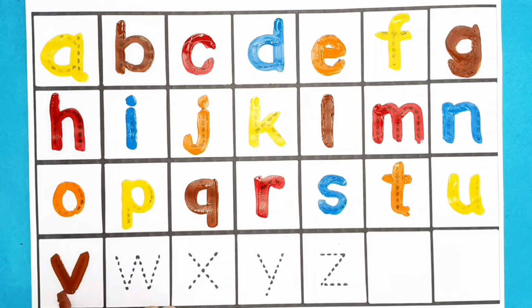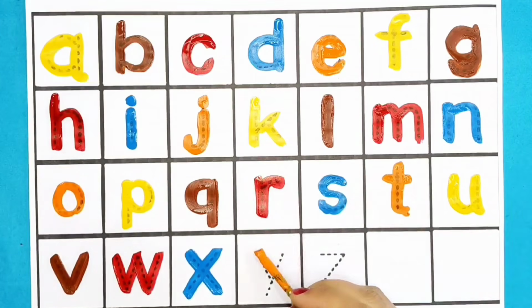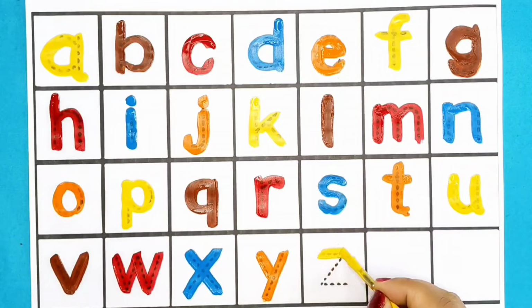V for van, red color. W for watermelon, sky blue color. X for X-ray, orange color. Y for yo-yo, yellow color. Z for zebra. Let's learn.